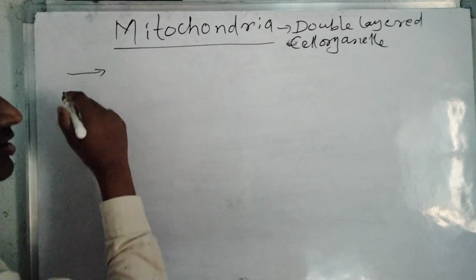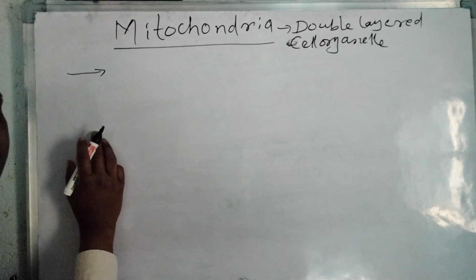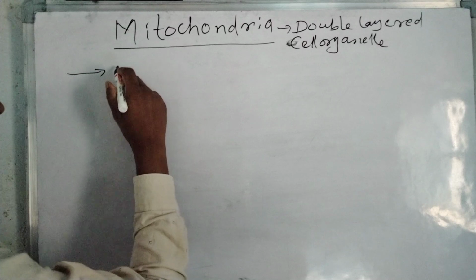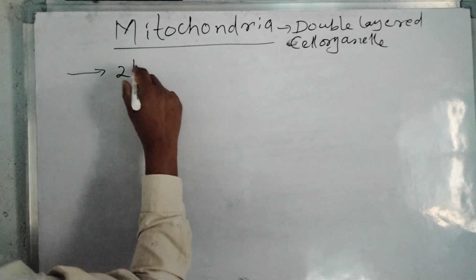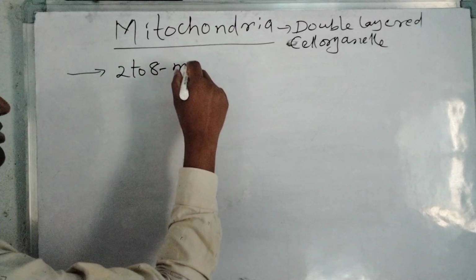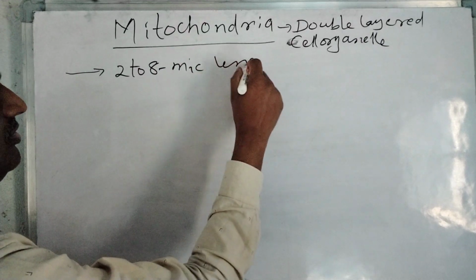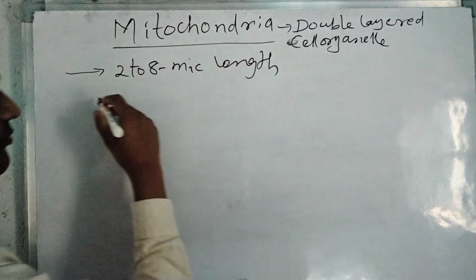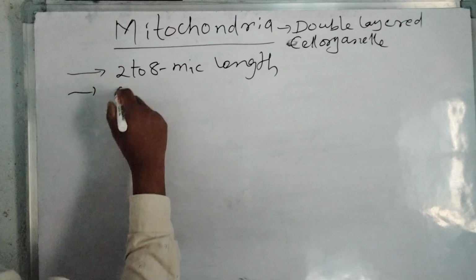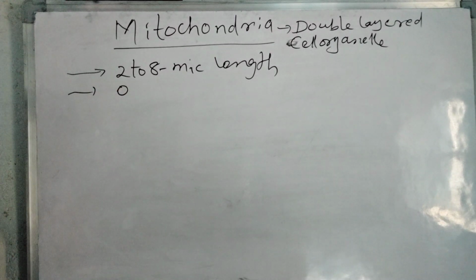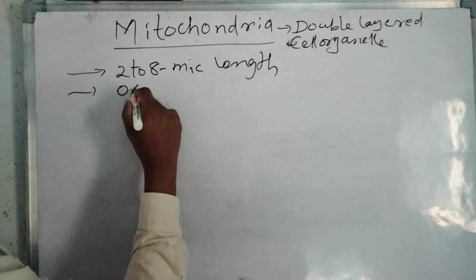If we look at the mitochondria, it is generally 2 to 8 microns in length, and the width is 0.5 microns.